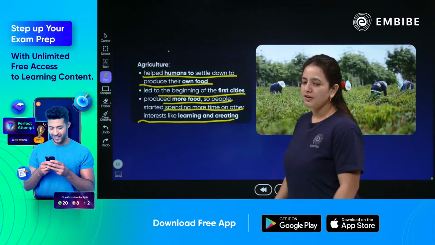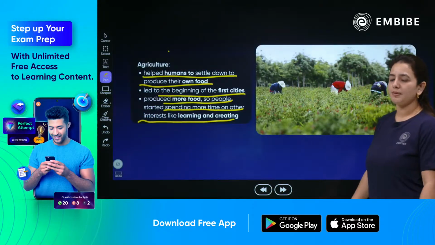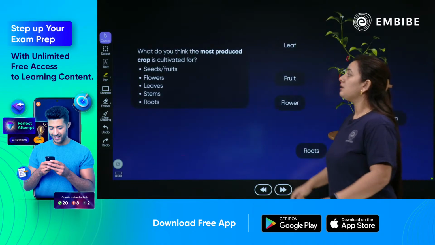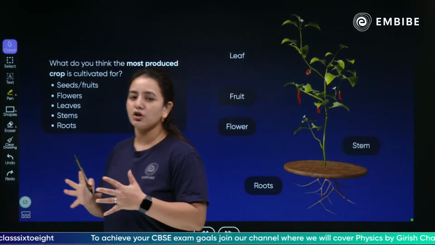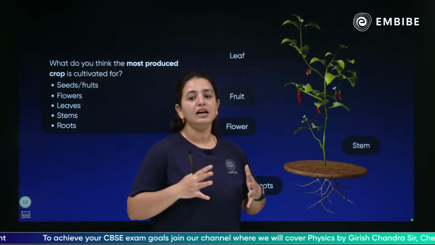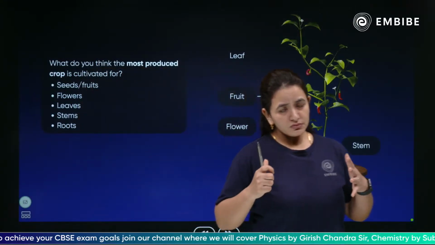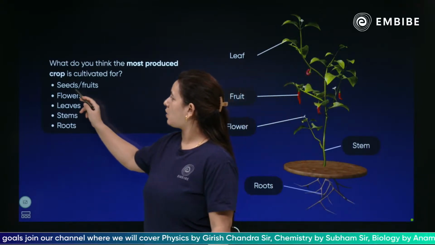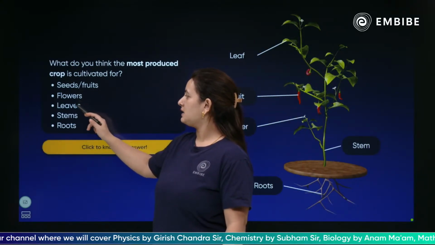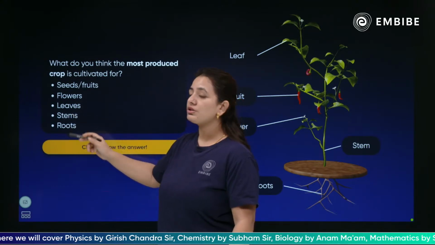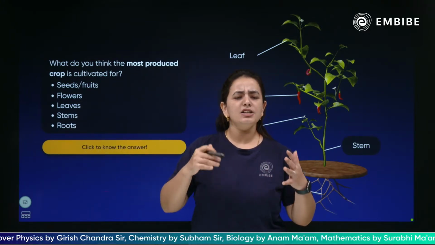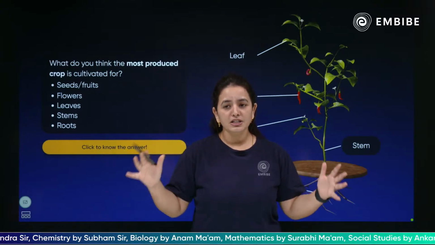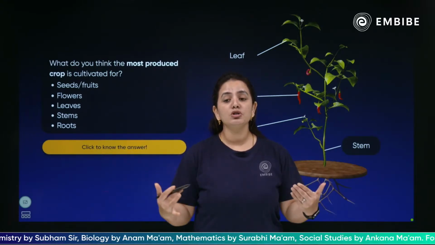Okay, so children, moving on with agriculture practices, talking about more. The most cultivated crops come from the part which includes either the seeds or the fruits, the flowers, the leaves, the stem or the roots. These are the parts of the plant which are most cultivated.